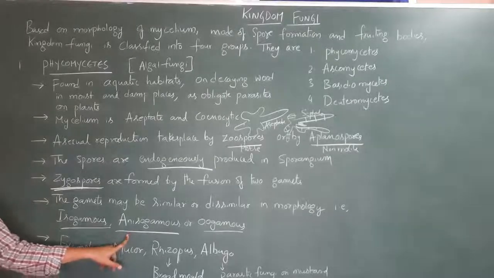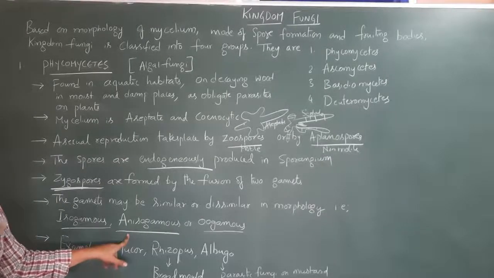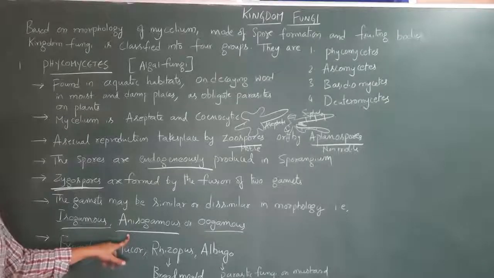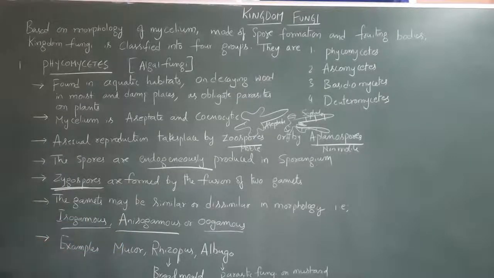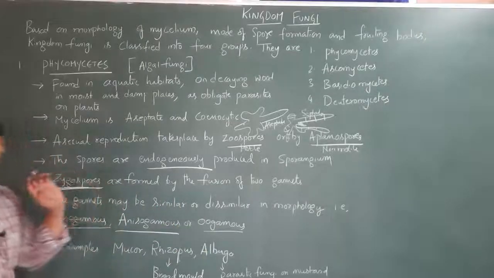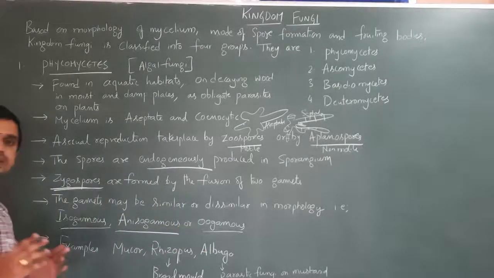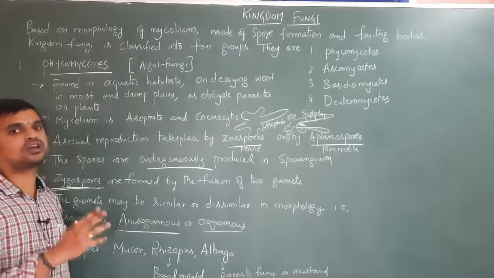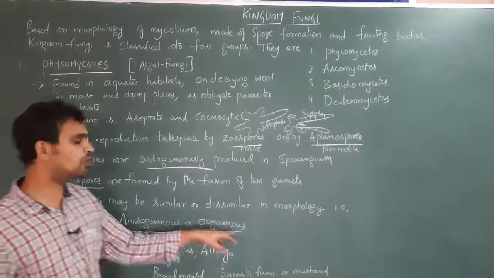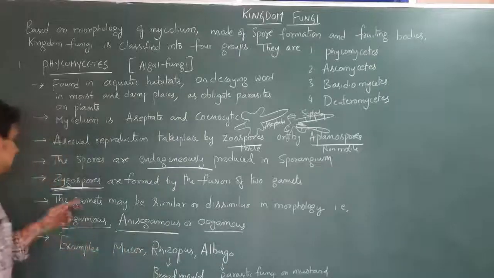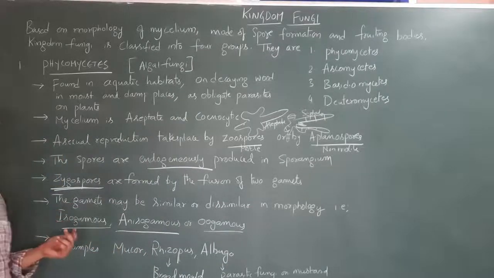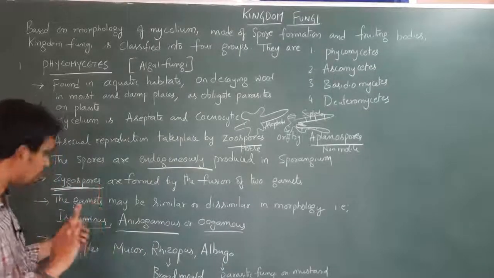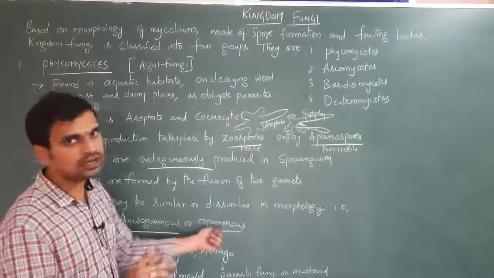Anisogamous: if the fusion takes place between 2 dissimilar gametes, one may be large, one may be small, like that, then it is called anisogamous. Next, oogamous. The fusion between the small motile male gamete and large non-motile female gamete is called oogamous. Once again, sexual reproduction in fungi takes place by 3 means, that is isogamous, anisogamous and oogamous.